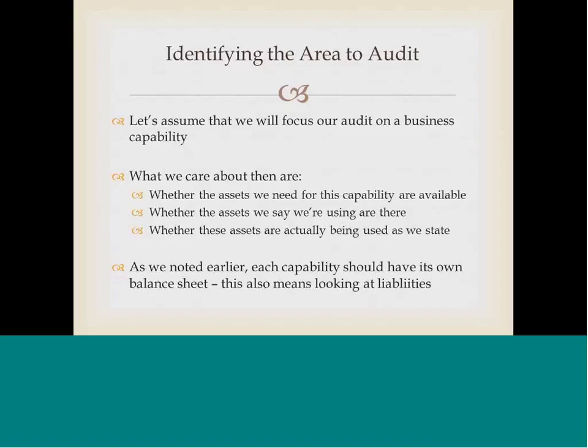So each capability should have its own balance sheet. This also means that in looking at the capability, we're not only looking at the assets that are assigned to support it, and how those assets are being managed, and whether or not they're being used productively, or they're creating a liability.